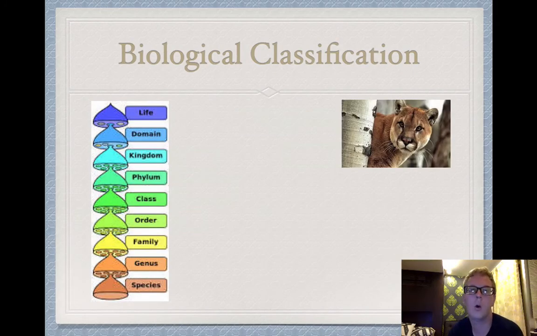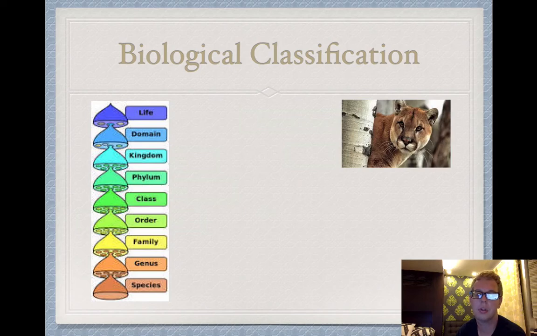Okay, so the proper classification system for biological species is to go from life, which includes all life, down to domains, and we already identified that those include bacteria, archaea, and eukaryotes. And then we get into kingdoms, and we'll talk more about that.